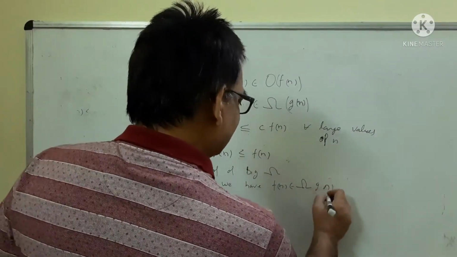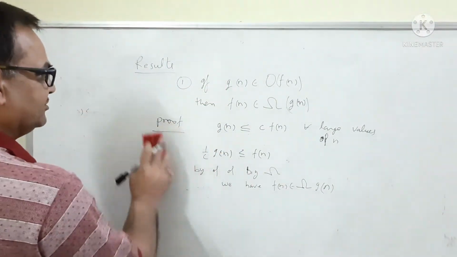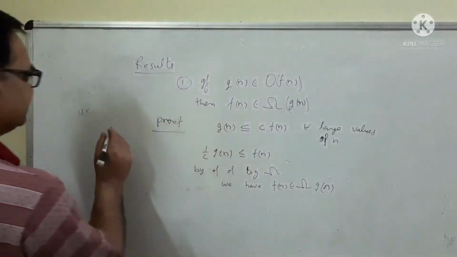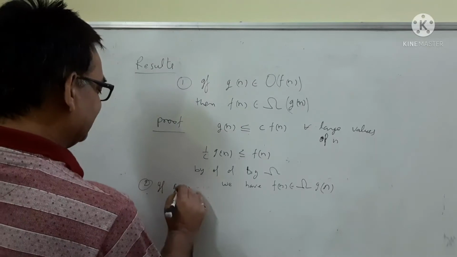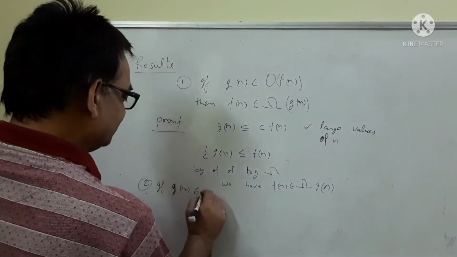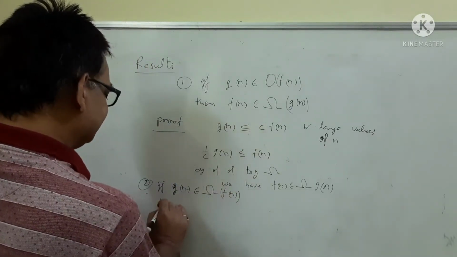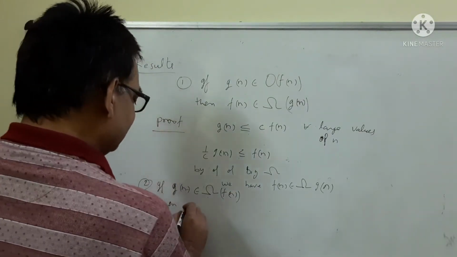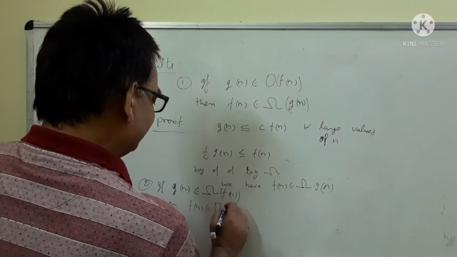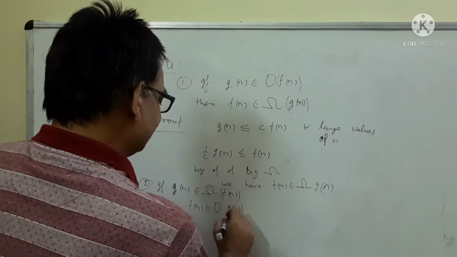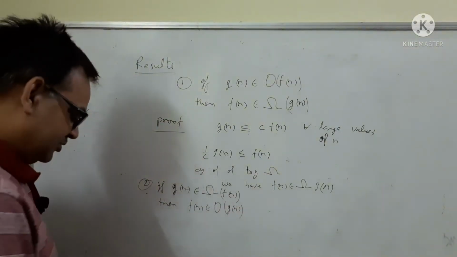Without proving, I will give you the rest of the results. So the rest of the results: number 2, if Gn belongs to big omega Fn, then Fn belongs to big O of Gn. The proof is in the same way as we have proved result 1.